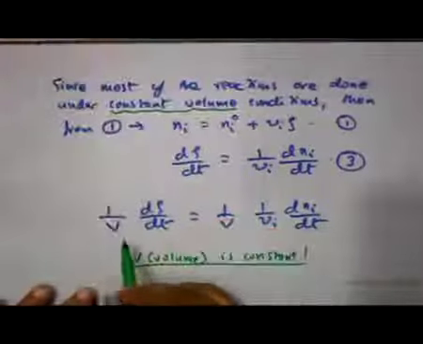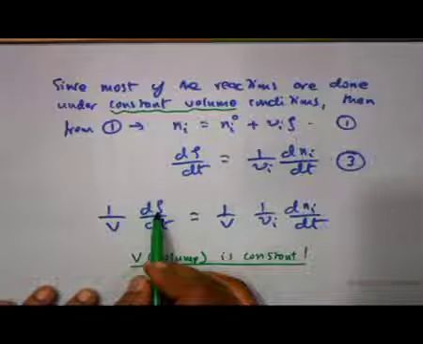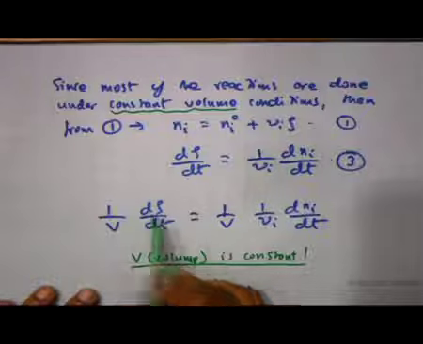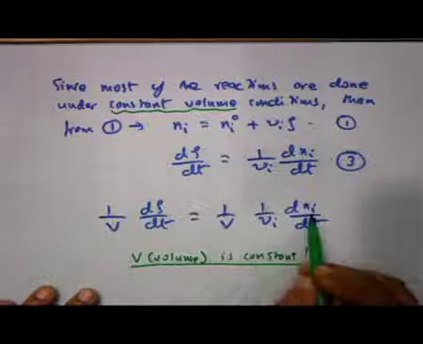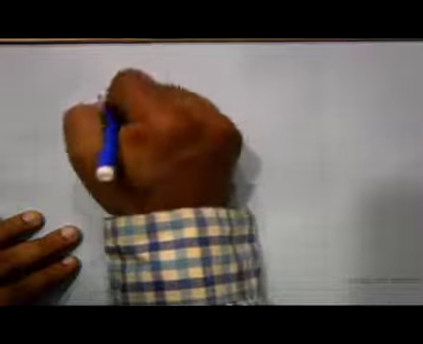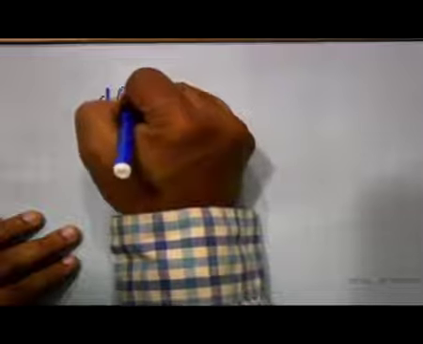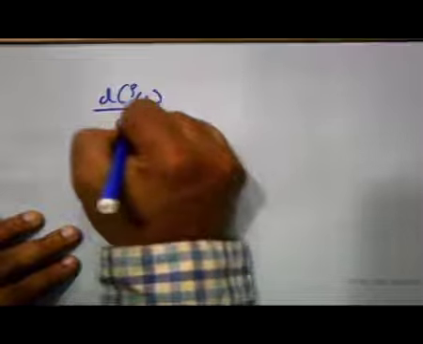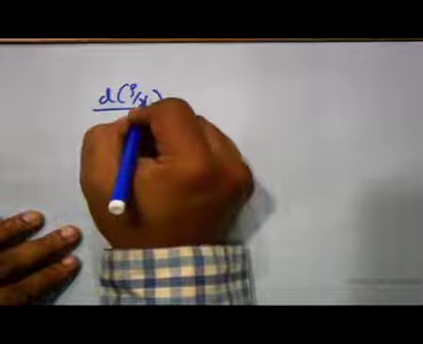Now, if V is constant, remember this equation. What I can do out here is bring V inside this differential form, inside this derivative, and hence I can write d(ξ/V)/dt.